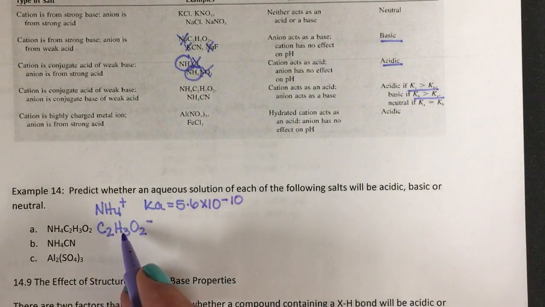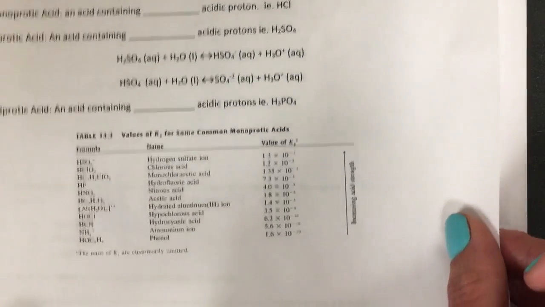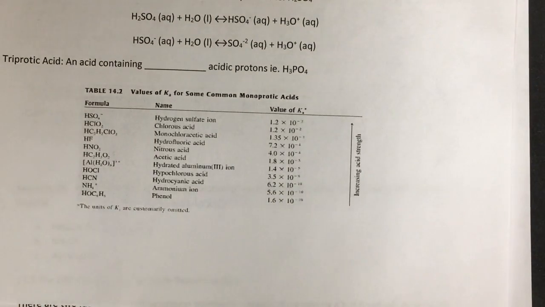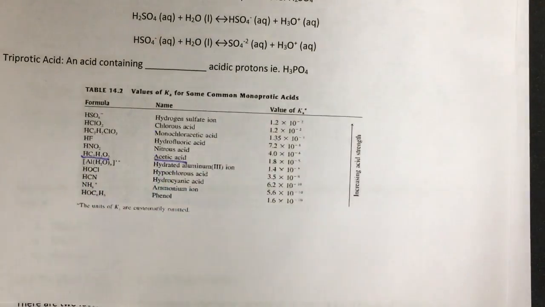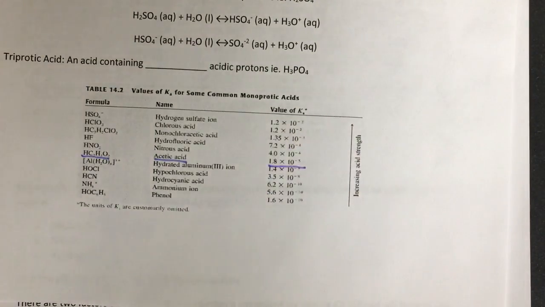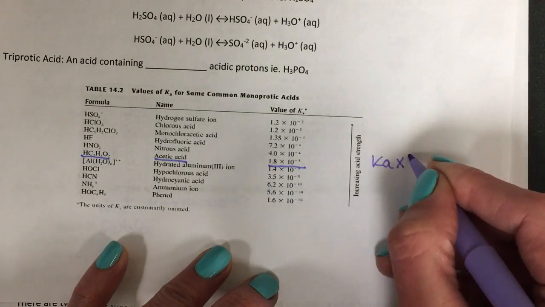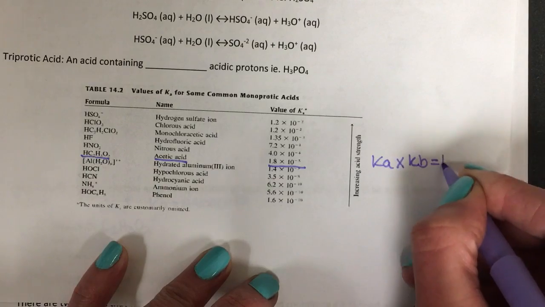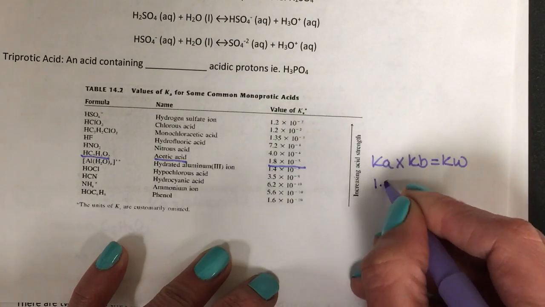Okay. Now acetate, if I look at my table, these are only Ka values. So I've got acetic acid, but I don't have the acetate ion. It gave me the Ka value. I know that Ka times Kb equals Kw. Kw is a constant.